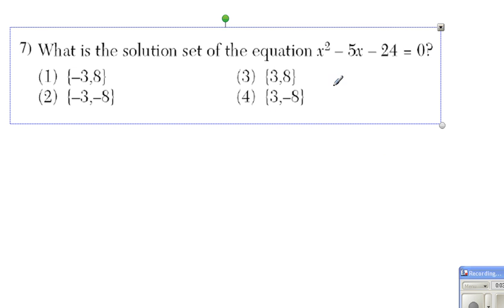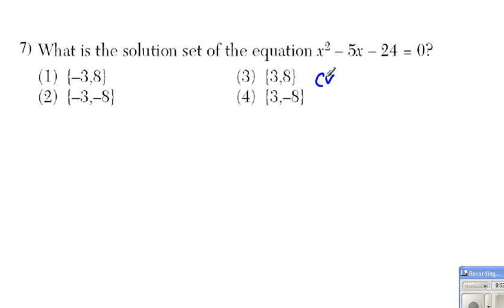Now, solution set. In order for us to get the solution set, we will solve for x. In order to do that, we will factor this one out first. So two numbers multiplied to negative 24 but add up to negative 5. How about 3 and 8?